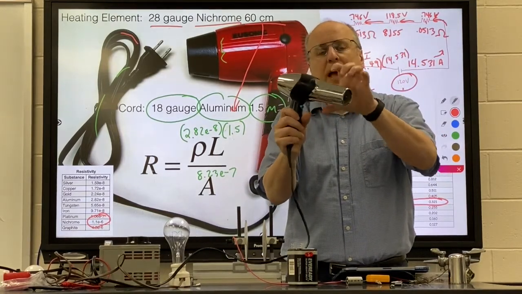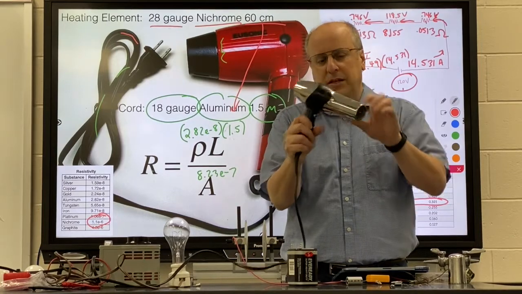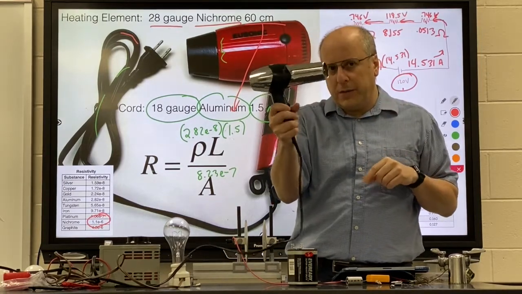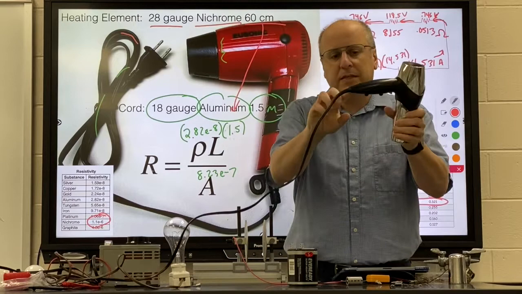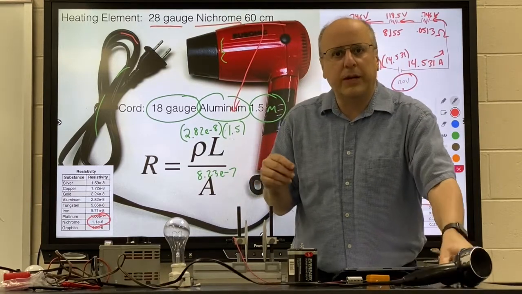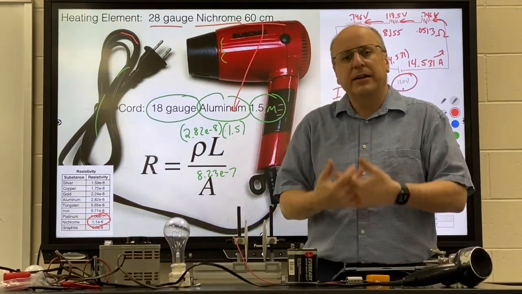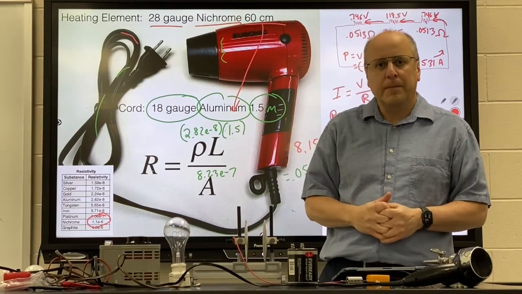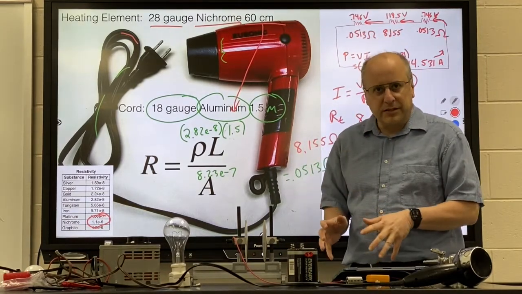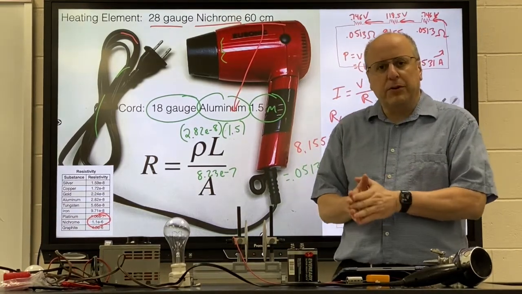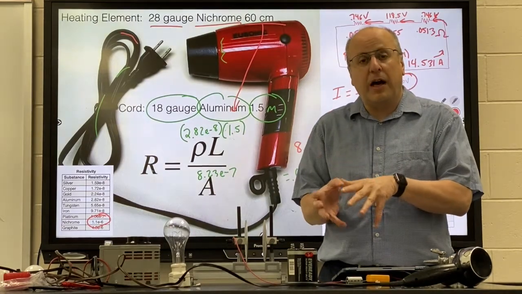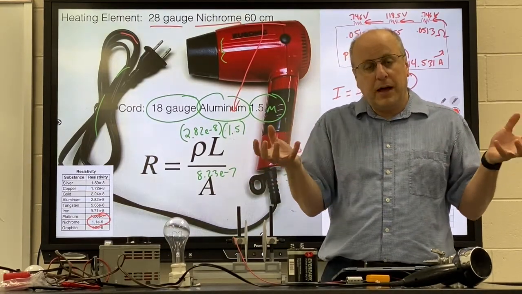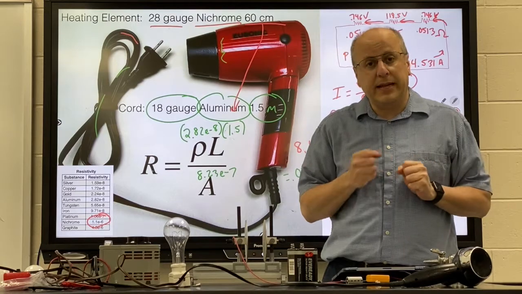This one we want to have a larger resistance. This one should be large enough that we don't blow a fuse. This one should be small enough that we don't lose a lot of power inside that cord. Series circuits. They're very important because most things involve multiple components connected together.